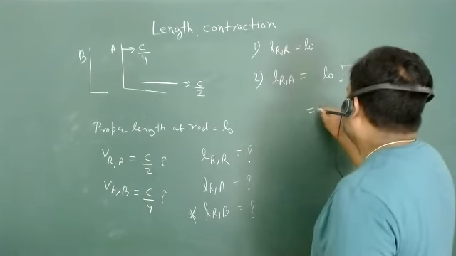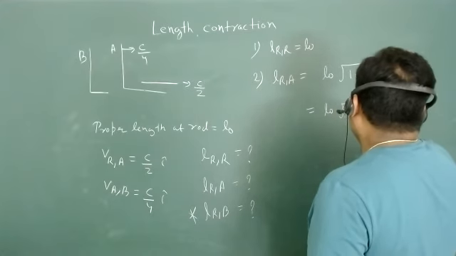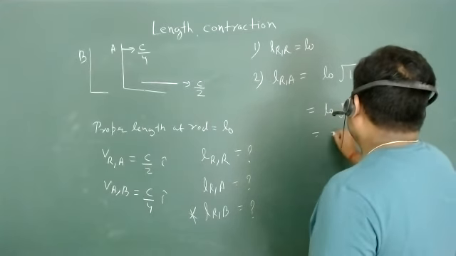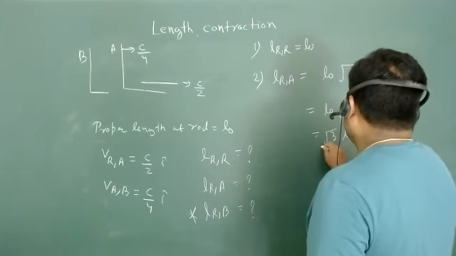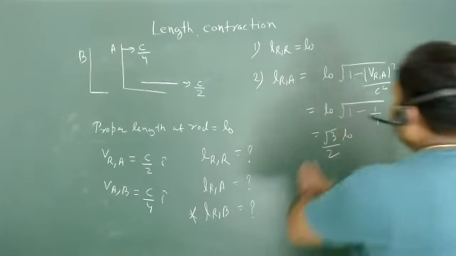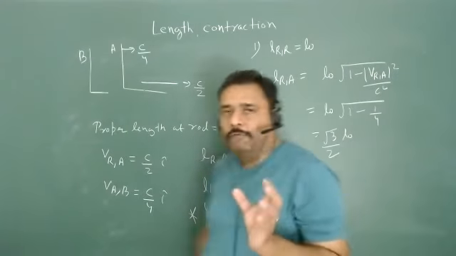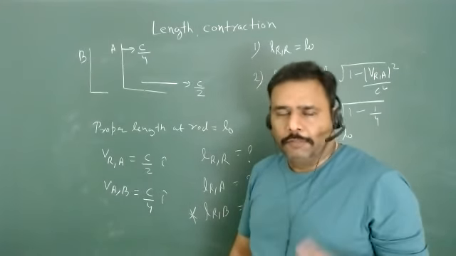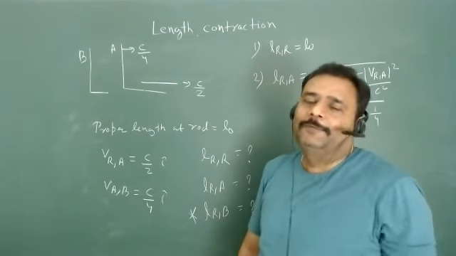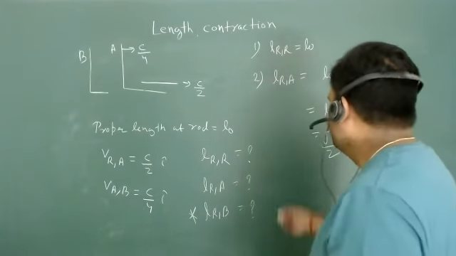So we can directly use it: 1 minus 1 by 4. And this will be root 3 L naught by 2. So obviously, this is shorter than L naught. Root 3 is 1.73 and 2 is obviously 2. So 1.73 by 2 is less than 1. So yes, you will see a shorter length.